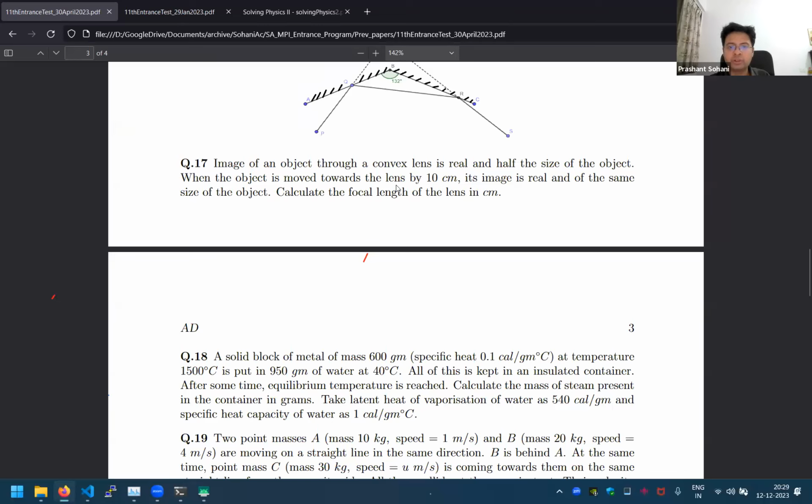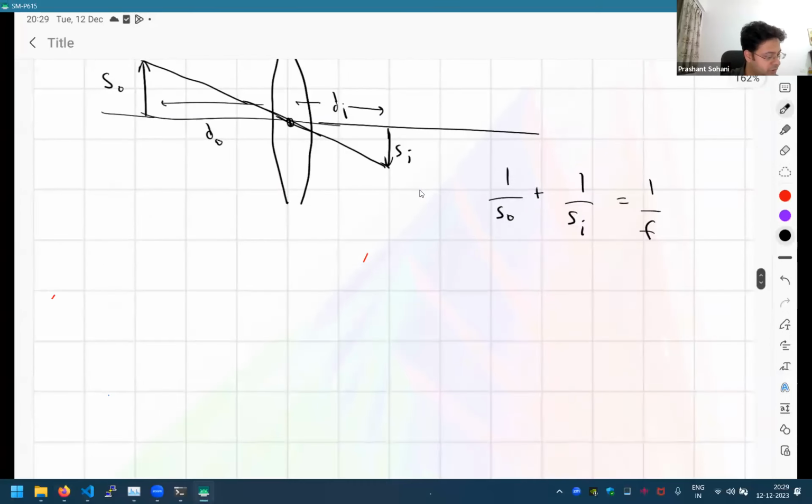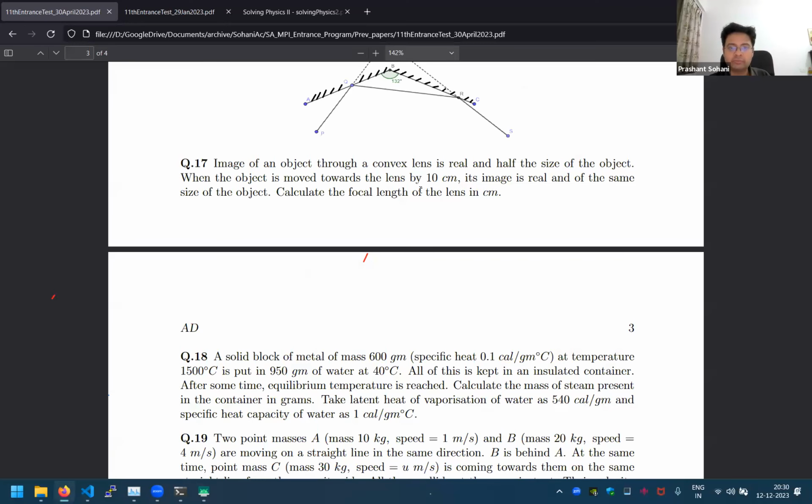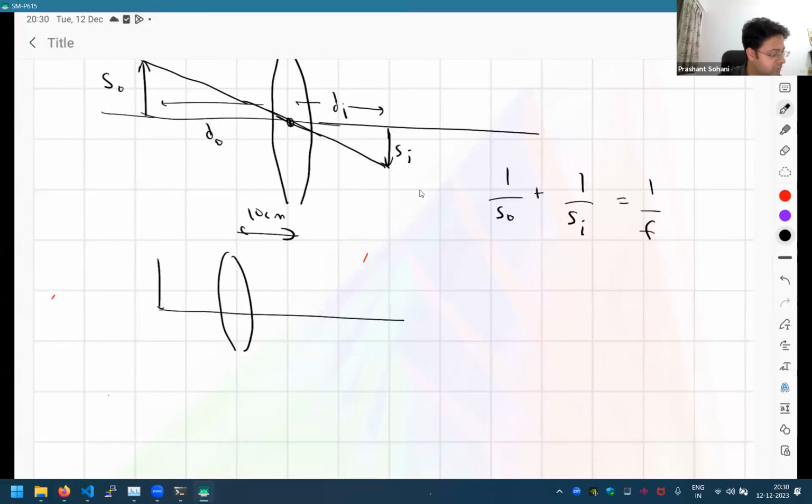When the object is moved towards the lens by 10 centimeters, right? So if instead of this, I draw the diagram like this, I move the object 10 centimeters to the left and again calculate. What is happening? The distance from the lens has reduced, but in the process, the image size has increased.